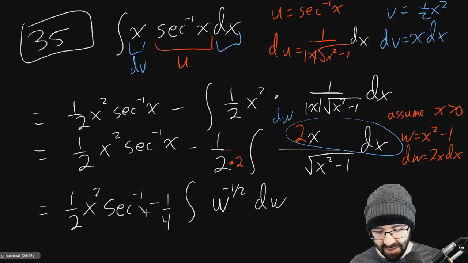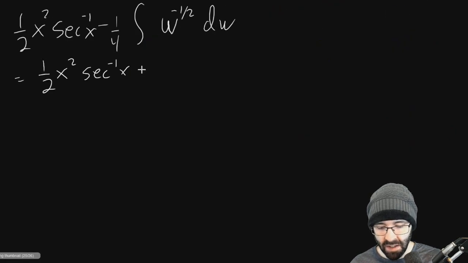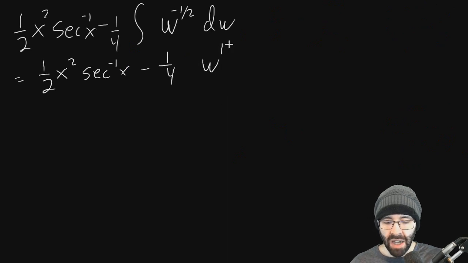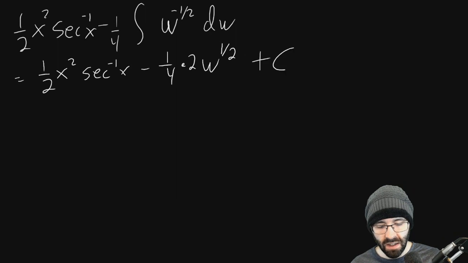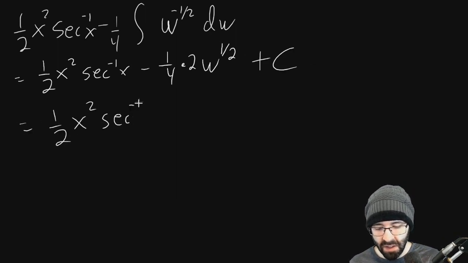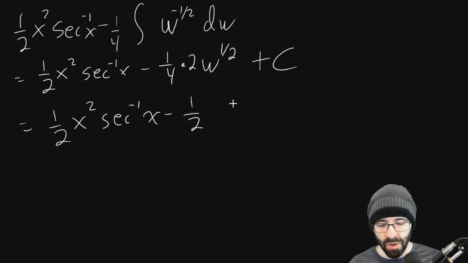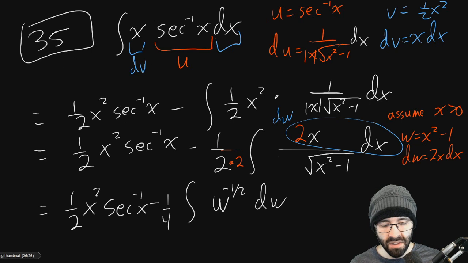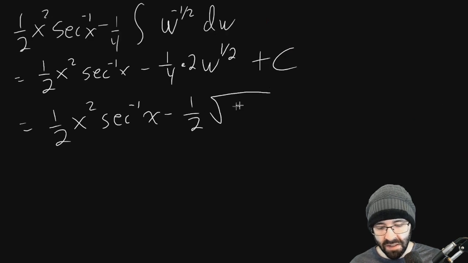I dropped an x somehow. Use the power rule, we add an exponent and divide by that exponent. Plus c, 1/2 x squared, inverse secant of x, minus 1/2 the square root of w. What is the square root of w? The square root of x squared minus 1.